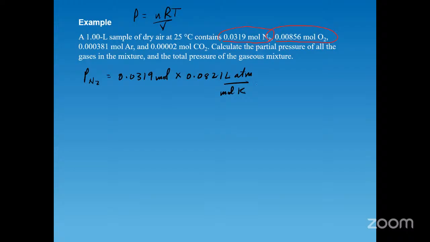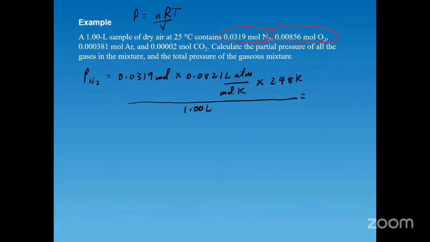And then I'm going to multiply by the temperature, which is 25 degrees. Again, you have to convert that to Kelvin. So that would be 298 Kelvin divided by the volume, which is 1.00 liters. All right.